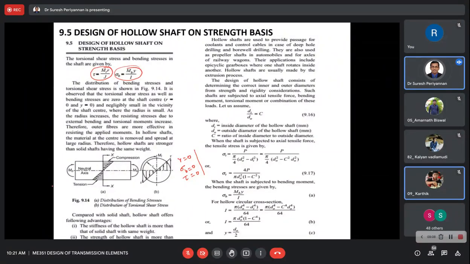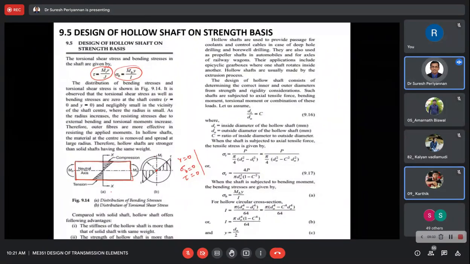Now, this is a shaft subjected to bending. Just imagine the shaft: the front view is like that, and the side view, the cross-section view, is like that. I showed you some test specimens in the last class. This is a torsion moment and this is a bending moment.